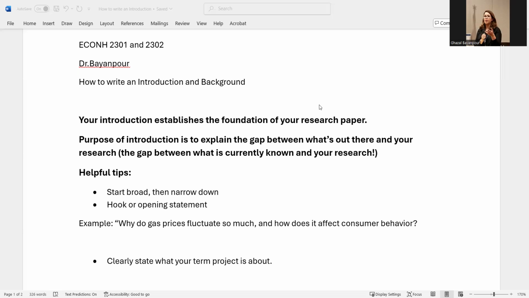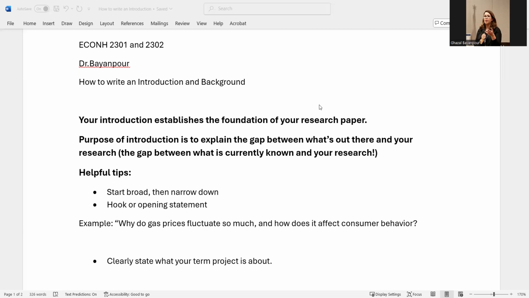But for now, when we are writing our introduction, we want to spend some time finding ways to start our research. We have the research question. Now, in your intro, you are going to break it down.